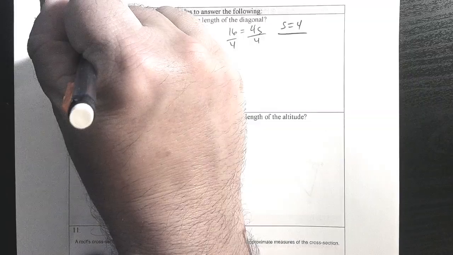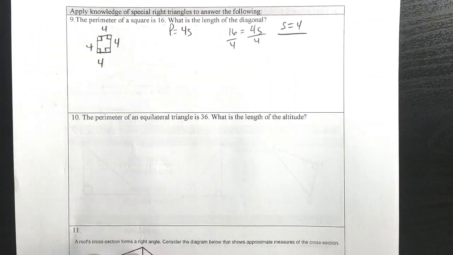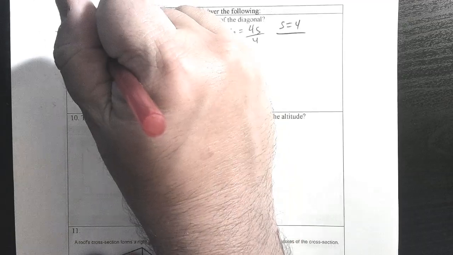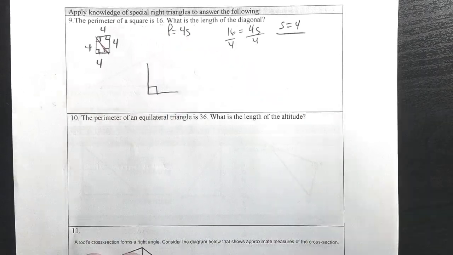Hopefully we know that 4 times 4 is 16. Now they're asking about the diagonal. The diagonal cuts the 2 angles in half. So we're going to draw this bigger down here. The outside of that square looks like this.